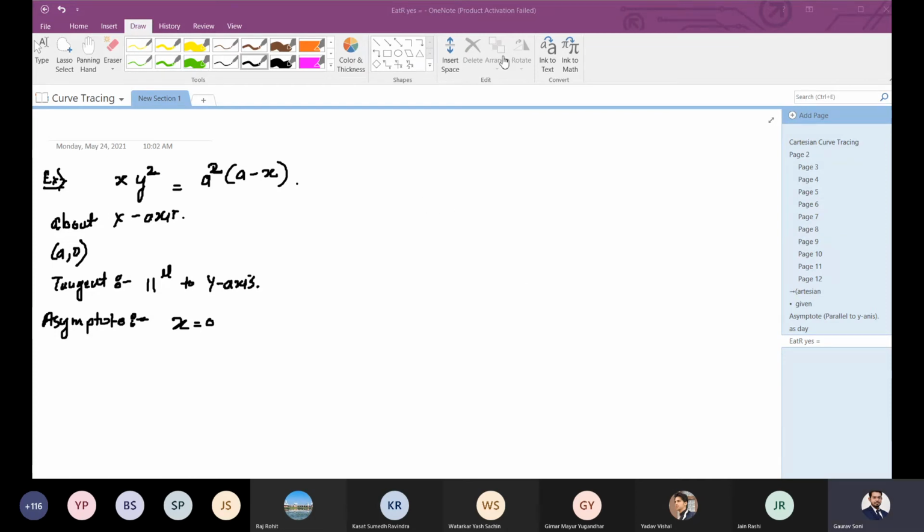Am I clear? You are not finding out the tangent. You are checking the nature of the tangent at (0, 0). And the nature you have concluded is that the tangent is parallel to the y-axis. That's it. Is there anyone who has traced the curve?